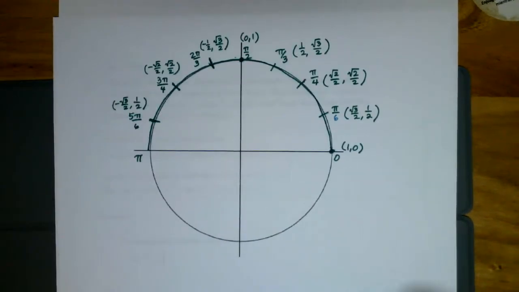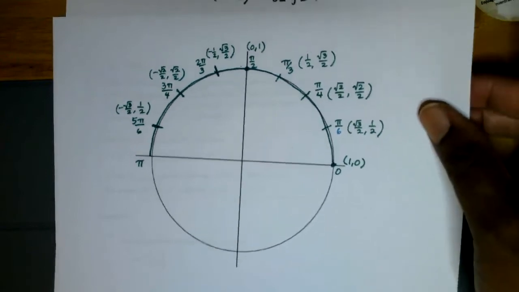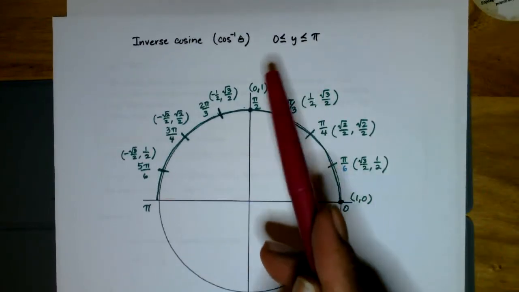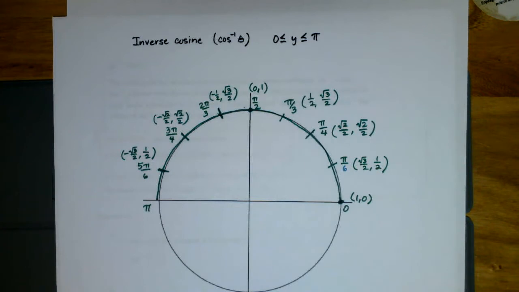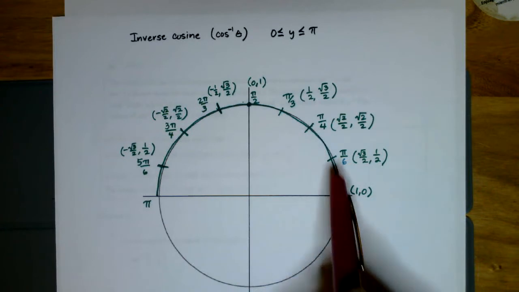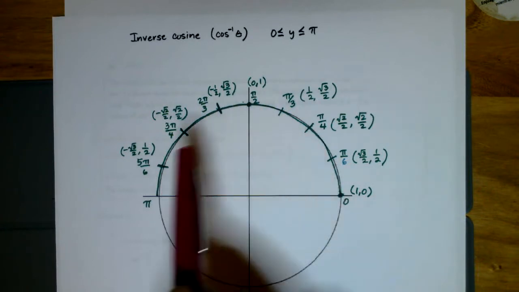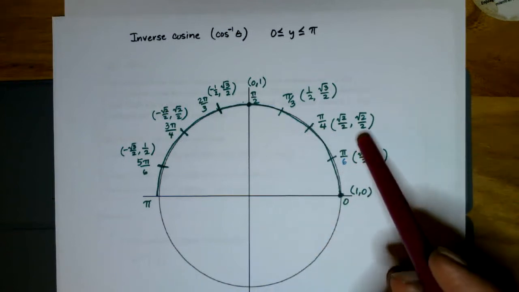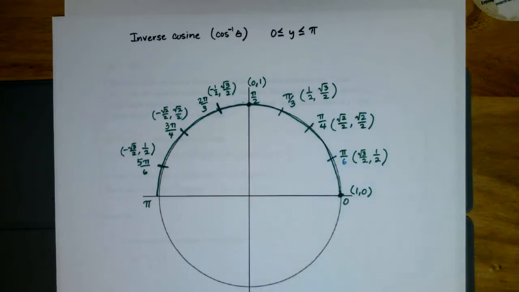Now, the next page is the inverse cosine. Notice the restriction for the inverse cosine is from 0 to pi, so I've only put this for 0 to pi. And the cosine, of course, is your x coordinates. So you'll be looking for the x coordinate here and then matching that up with the angle measure given in terms of pi.